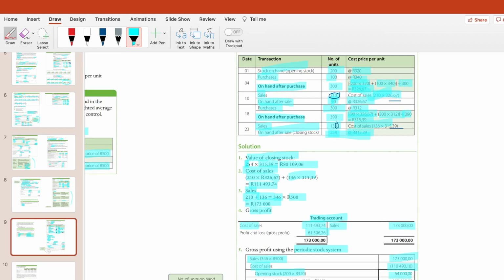My purchases were 100 times 340 plus 300 times 311, that's 127,600, and I subtract my closing stock of 81,109 rand and 82 cents. That is the 245 we see there times 319 rand and 33 cents.